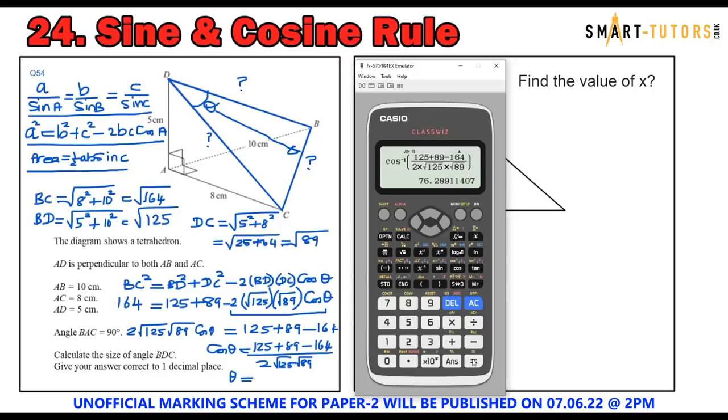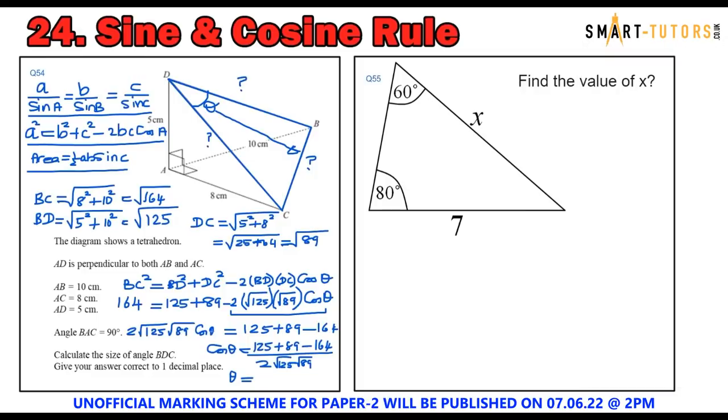That's all about it. So the answer to one decimal place is 76.3, right? 76.3 degrees is the angle we found using the cosine rule.